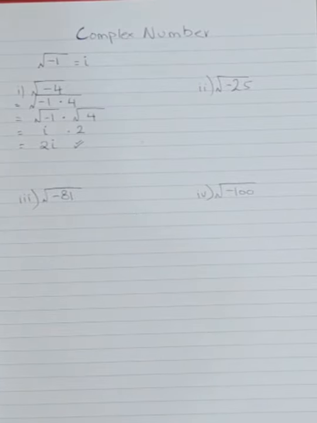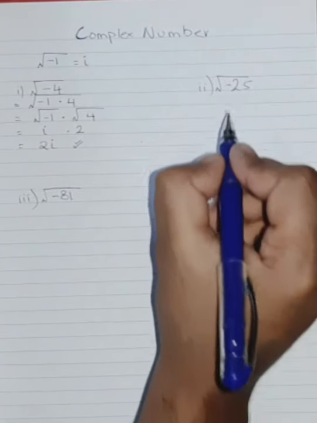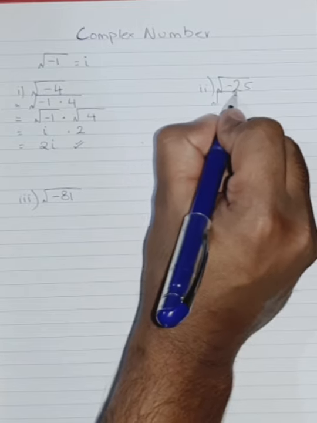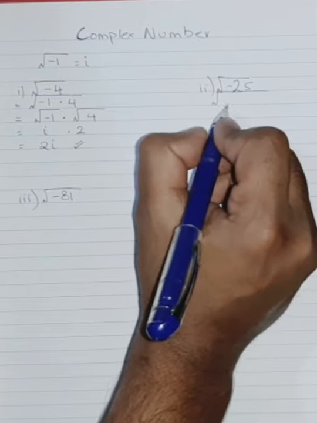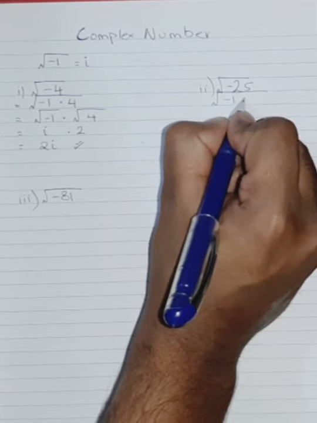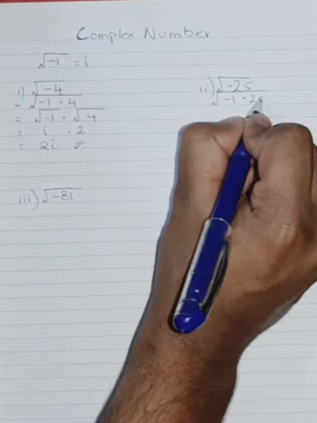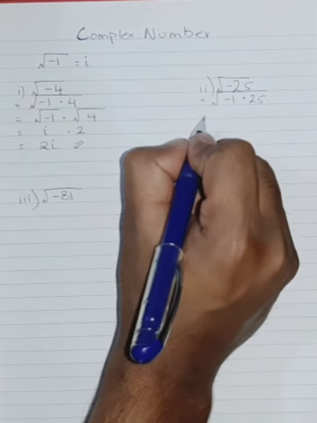Okay, let's do the second one. We'll do the same thing. We'll put the square root and then expand the values with negative 1 multiplied by 25, and then likewise we will write them separately.